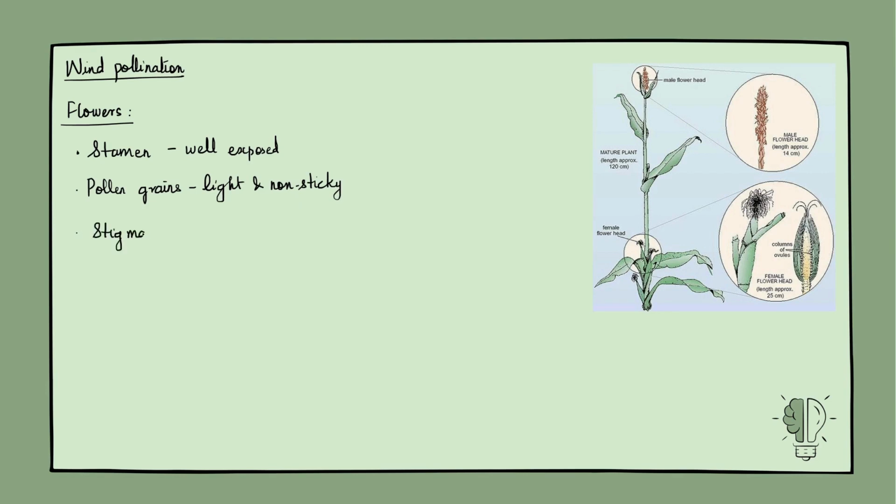The stigma is large and feathery so that the stigma can trap the airborne pollen grains. All right.